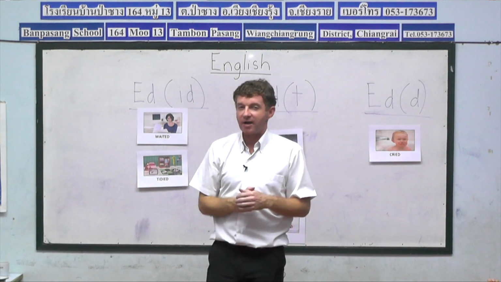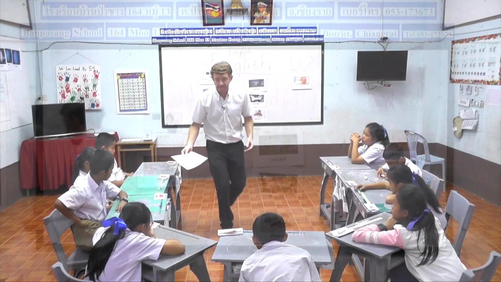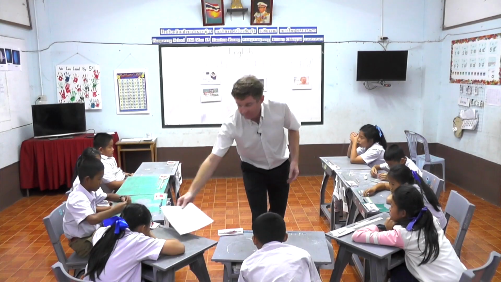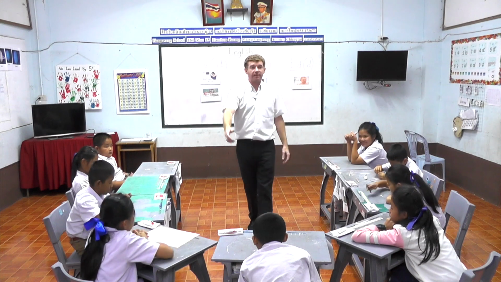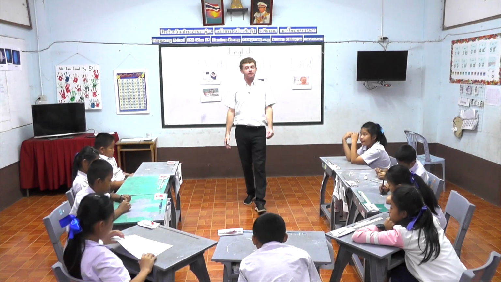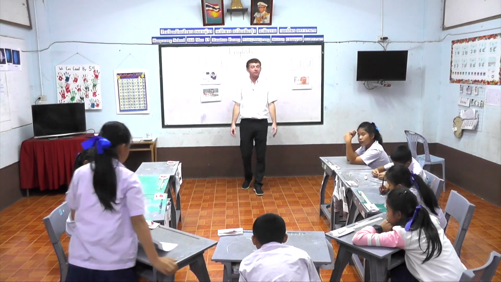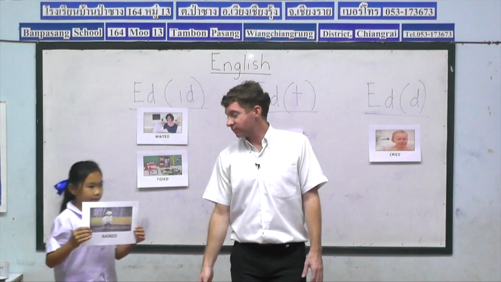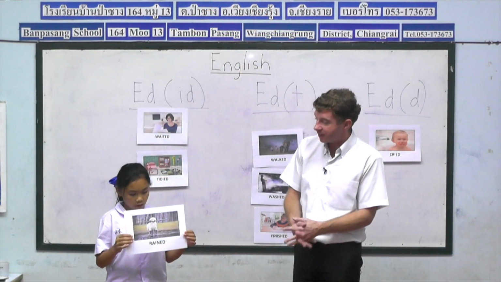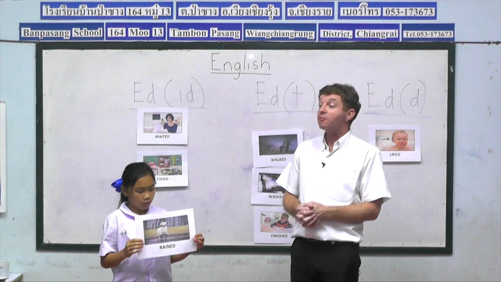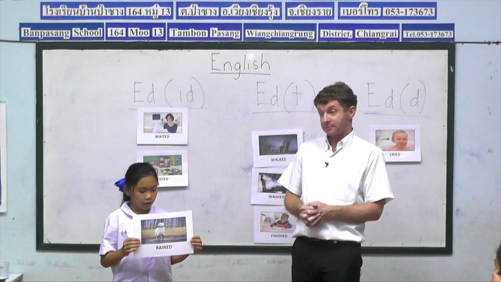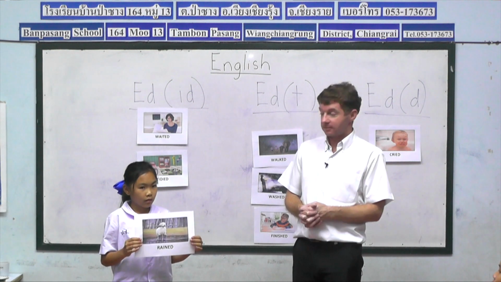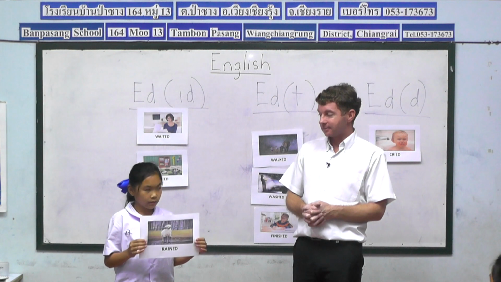And time for our final few students now. And the next student is Nadia. So Nadia, bring your flashcard to the front of class. What verb word does Nadia have on her flashcard? Rained. Nadia, what do you think?